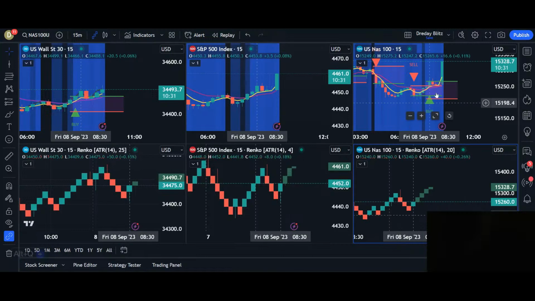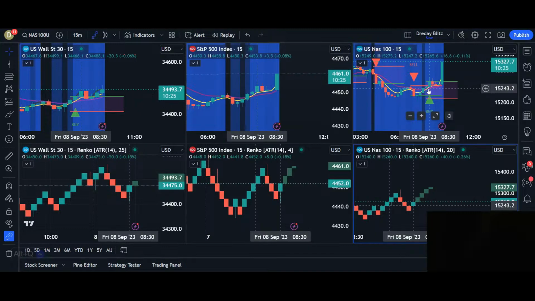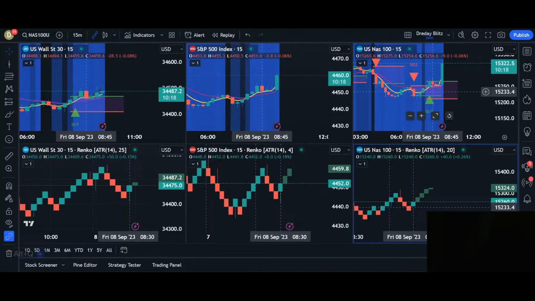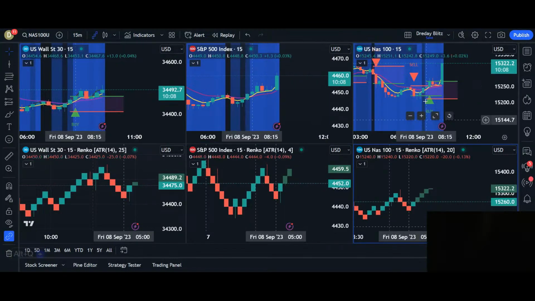There was a buying setup here on Nasdaq at what time was it here? It was at 8:45. So at 8:45, there was a buying signal for a buy, and it's still doing continuation here for buy.